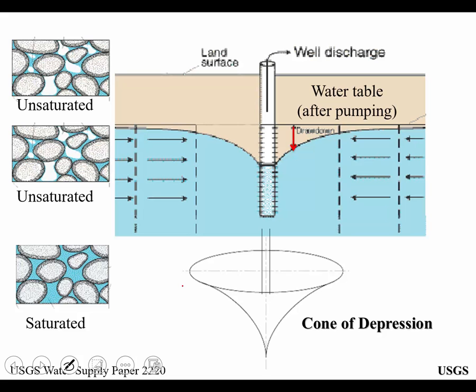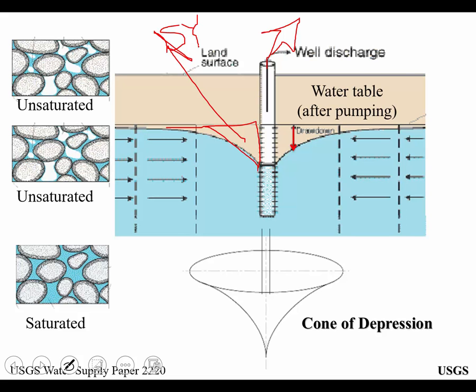And so the water that we get is basically the specific yield from this volume. So if you knew the volume of the cone of depression, and if you knew the specific yield, then you could predict how much water you pumped. Because that's where the water comes from.